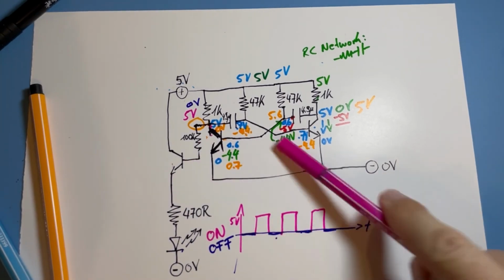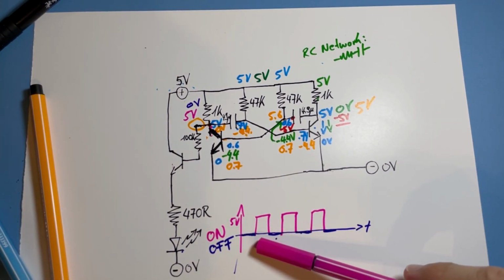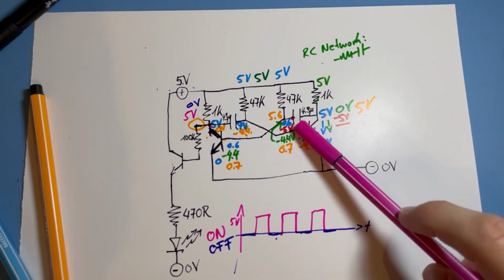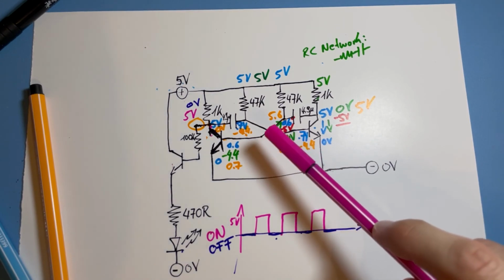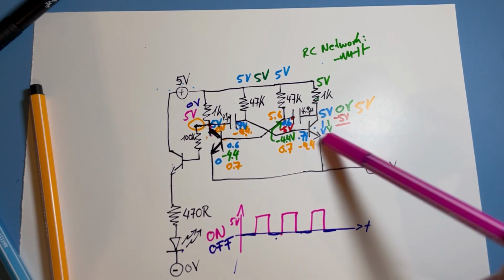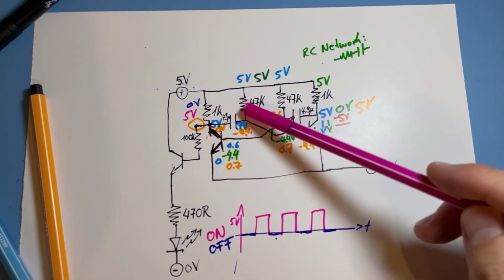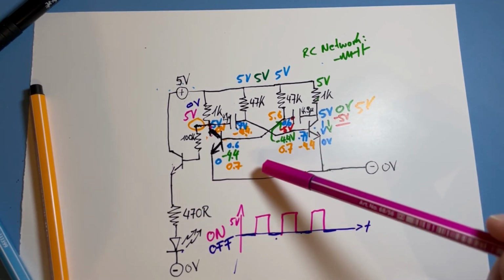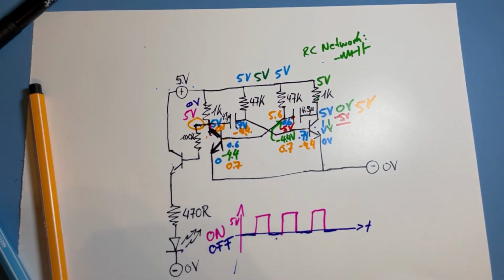You've seen that possibly from a 555 timer, but this is much cheaper to build with basically this inner part here: 4 resistors, 2 capacitors, and 2 transistors. And yeah, that's about it.